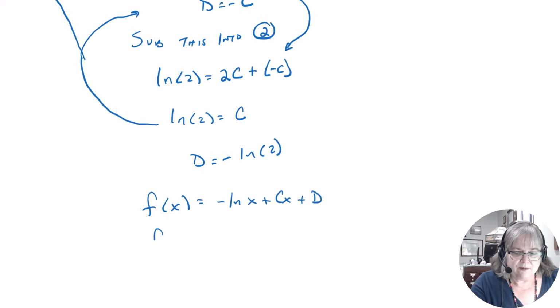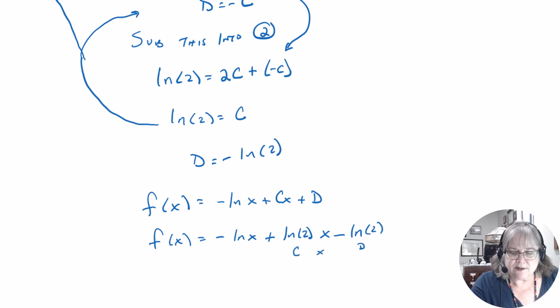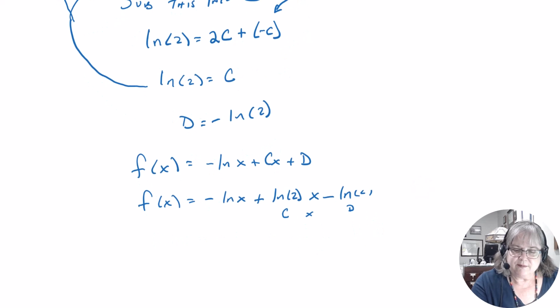And now we know that it's negative natural log of x, remember we said x had to be greater than 0, plus c, which is the natural log of 2, times x, minus d, which is the natural log of 2. So this was cx and this was d. You get this, so this would be our answer.